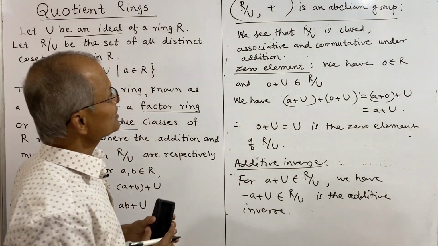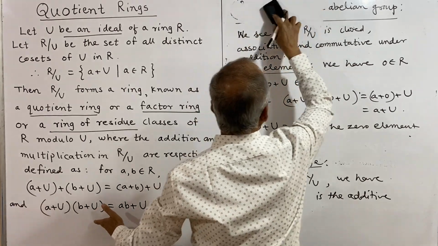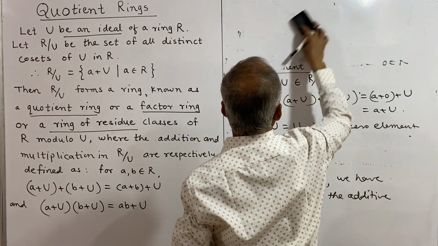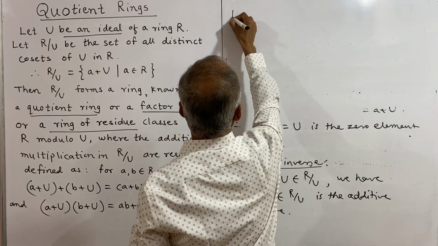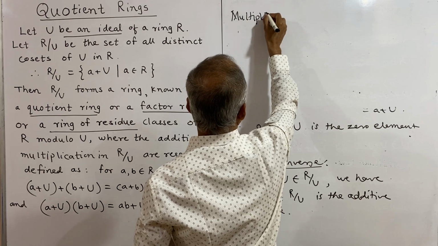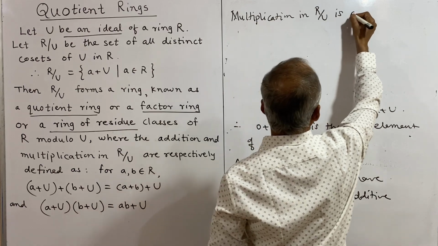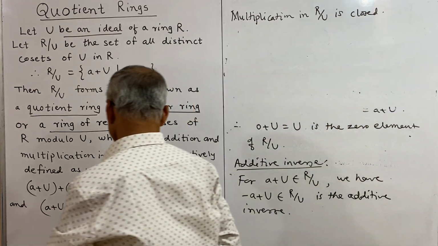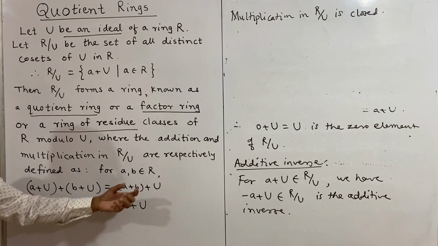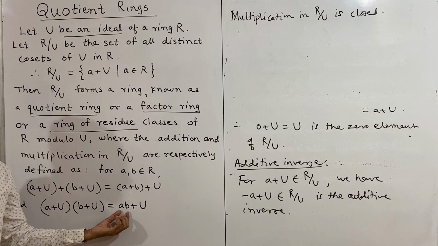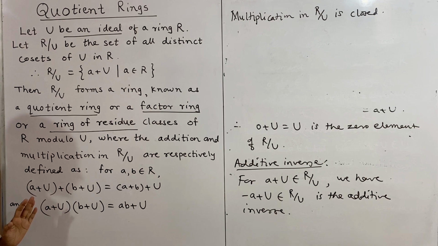Now multiplication is closed, that is verified from this. Next, multiplication in R by U is closed because A is an element in R, B is an element in R, A into B is an element in R, and therefore AB plus U is an element in R by U, and therefore multiplication is closed.